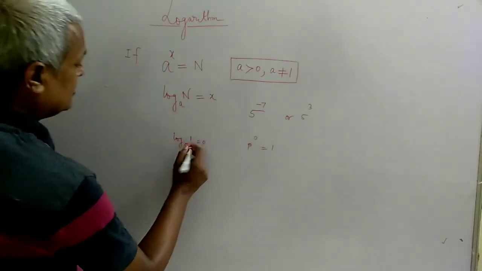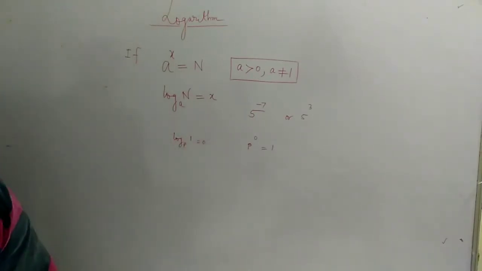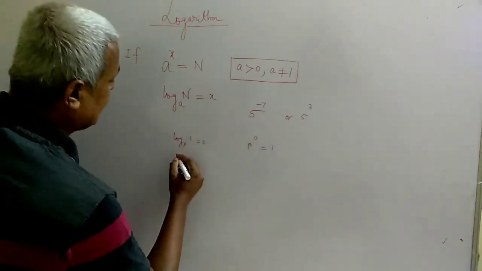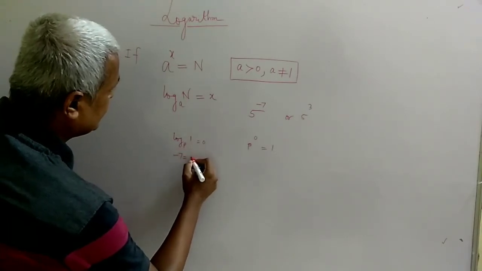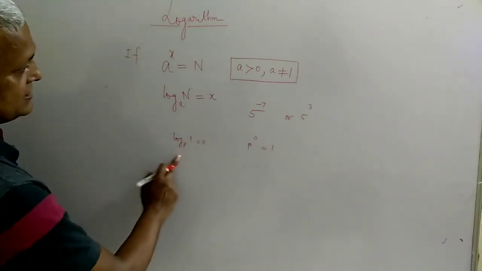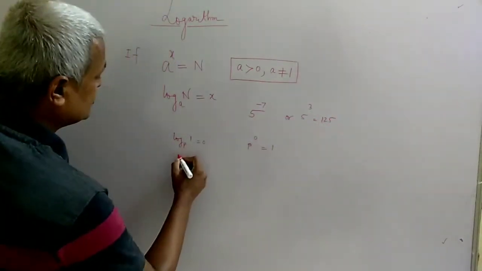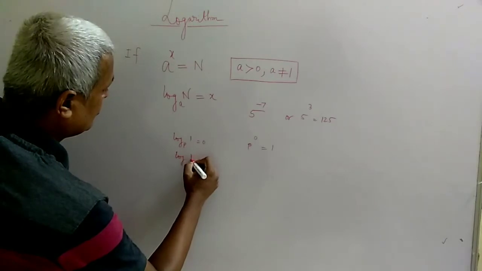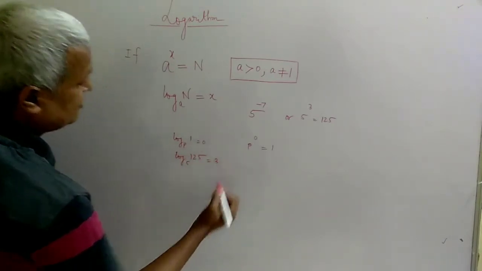So log 1 for any base is always 0. Now, instead of this, I use 5 to the power 3. If I write this as 125, I get log 125 to the base 5 is 3.